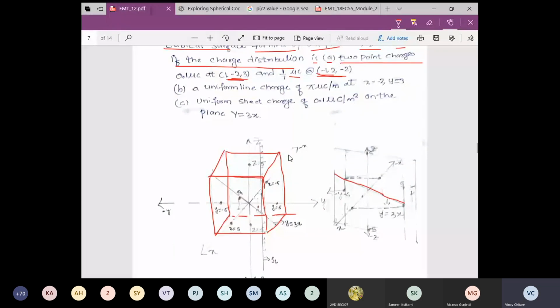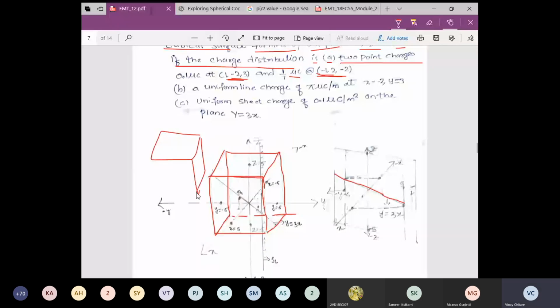Can anyone find the total flux leaving this cubical surface? I'll try to ask you the question like this.